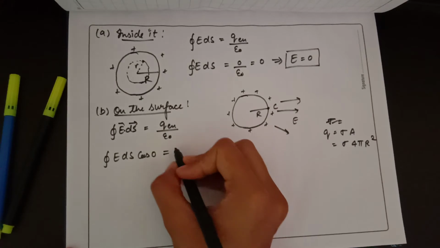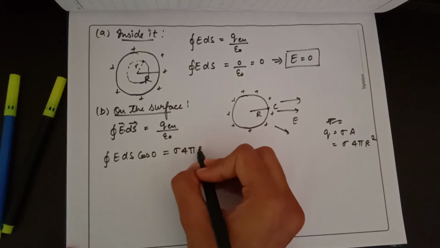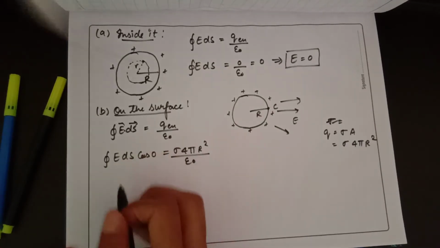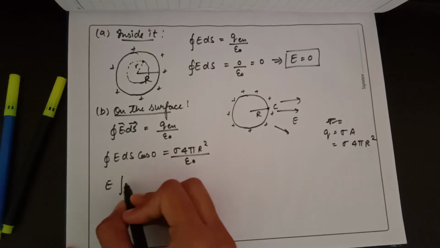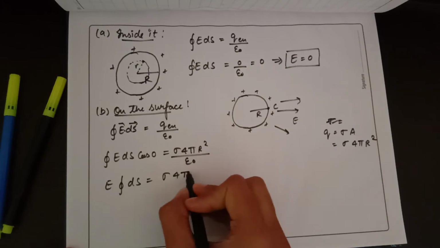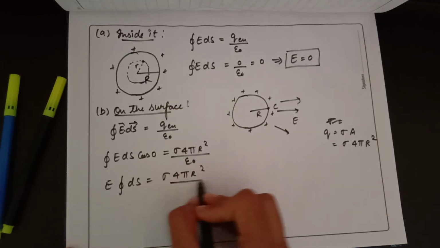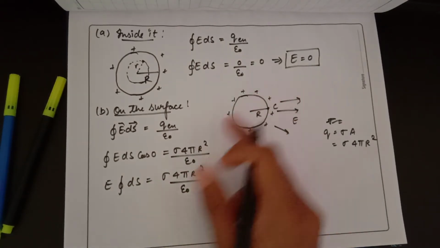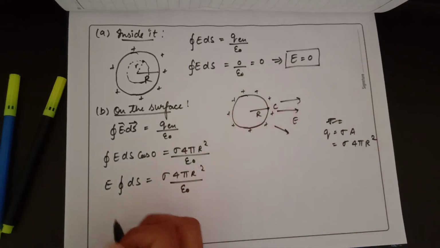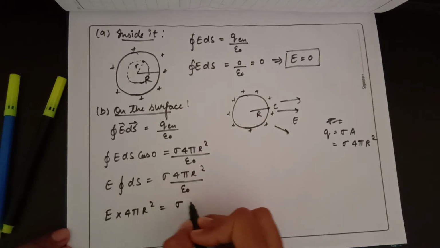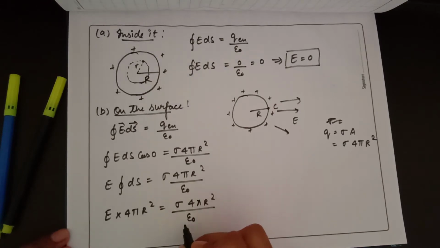So I will write sigma into 4 pi R square divided by epsilon naught, and cos 0 is 1, it will come out and it will become integration of ds equals sigma 4 pi R square divided by epsilon naught. And you know, ds is the surface area. Again, the surface area is 4 pi R square, and on the right side of this equation we have sigma into 4 pi R square divided by epsilon naught.